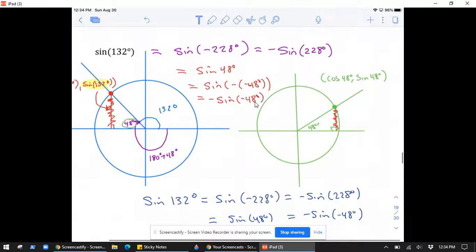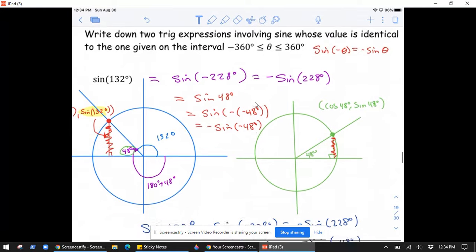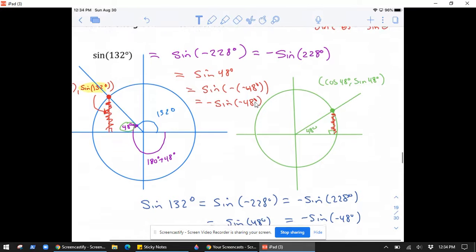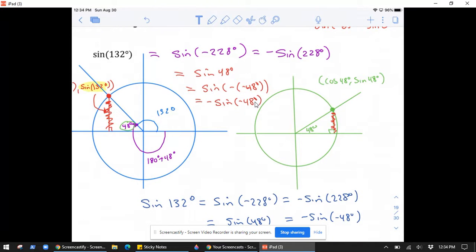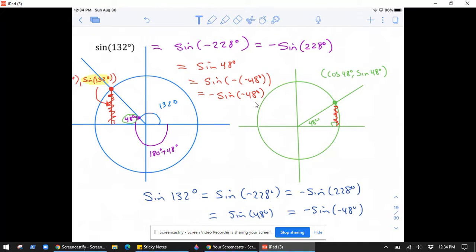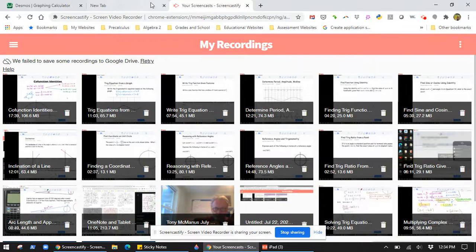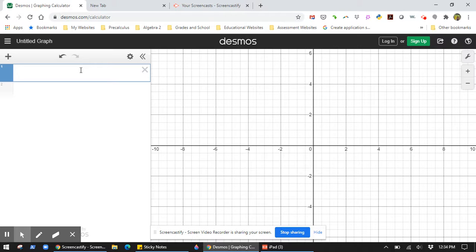The angles are all in between negative 360 and 360. It's not all of them, but let me convince you that these are all the same. If I haven't already with this video, you might just go check for yourself on Desmos. Just plug all these in and see if you get what you think you should get. So this is sine of 132.